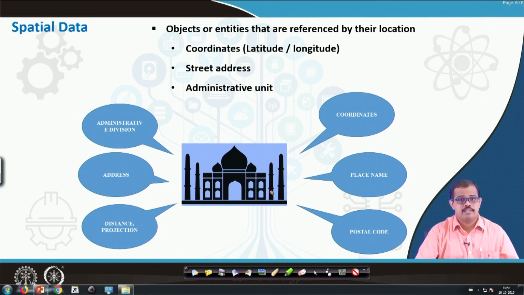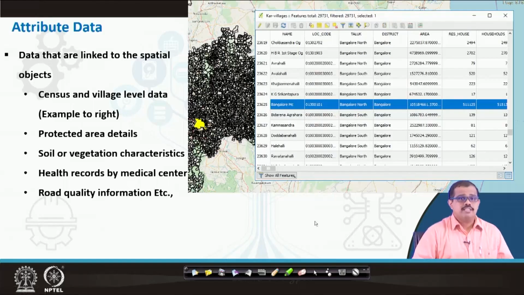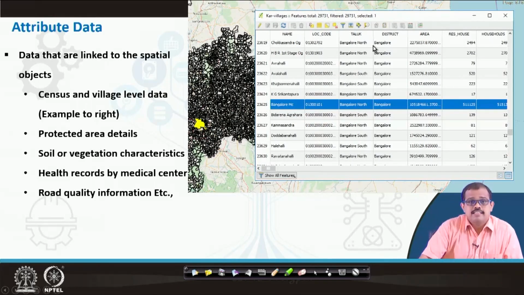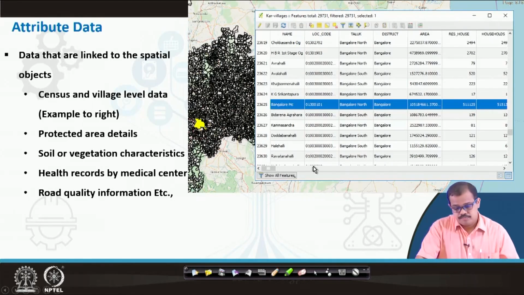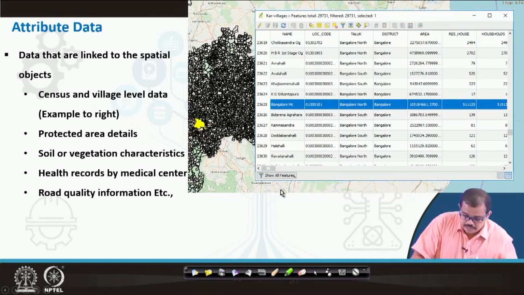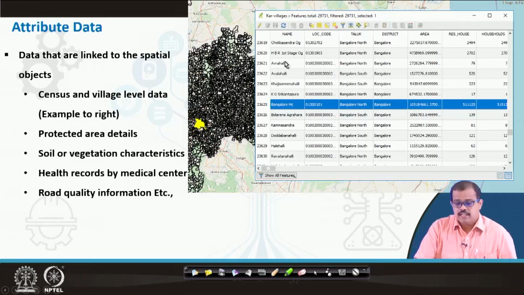So when we look at this spatial data, there is something called attribute data, which means the spatial data also has various non-spatial data where you can query and derive information. For example, what I am showing you on the right hand side is nothing but attribute data. These can be districts or regions in Karnataka, in Bangalore, the entire Bangalore district.